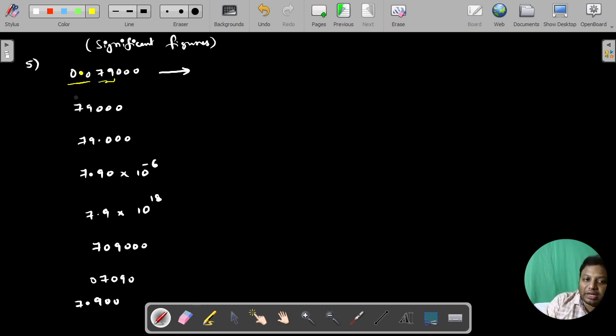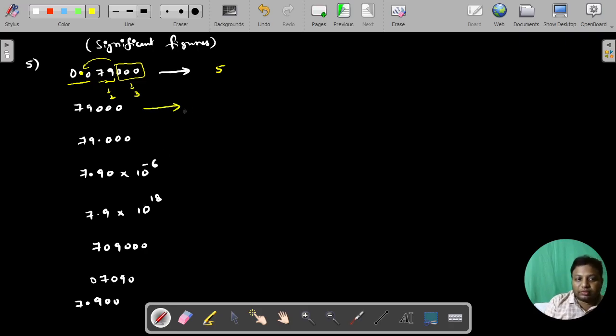So 7 and 9 are the numbers which are visible to you, and the last three zeros, they are followed by a decimal point. If last zeros are coming after a decimal point in a given problem, you should count them also. So in total you have 2 plus 3. So this is 2 and here you have 3. So total you have 5 significant figures.